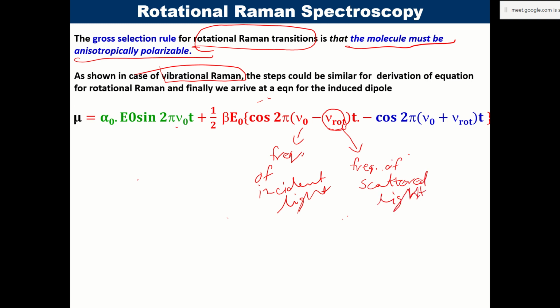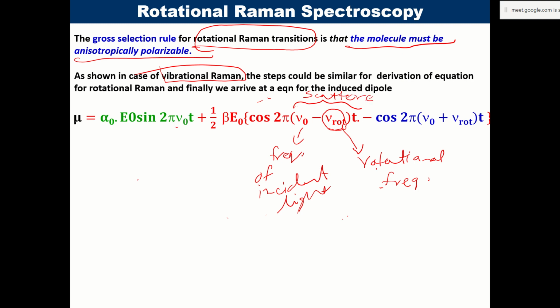You observe these, and the frequency of scattered light will be the frequency of incident light minus the frequency of rotation, the rotational frequency. So the scattered light's frequency will be mu naught minus mu rotational. That much energy has been used up in the rotational excitation of the molecule from the lower state to higher.